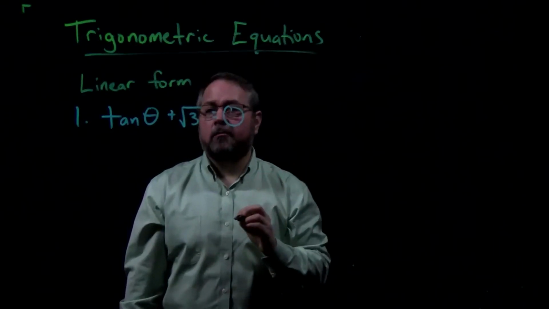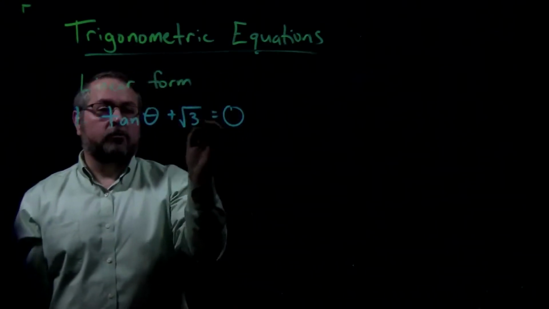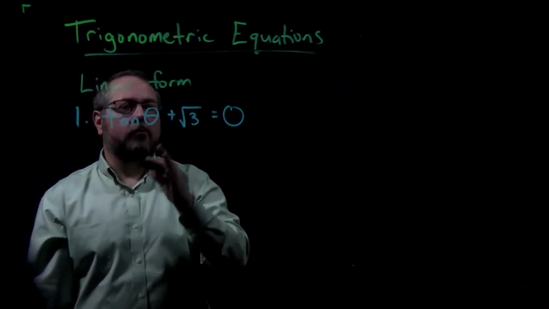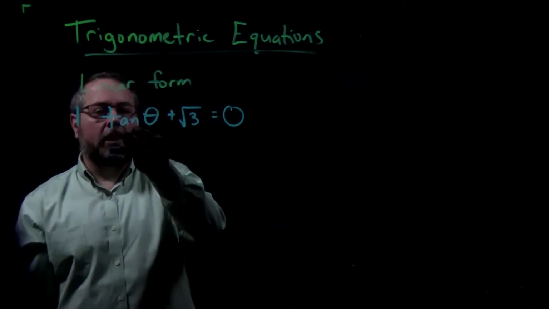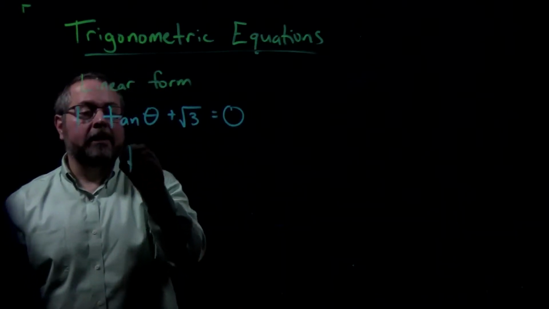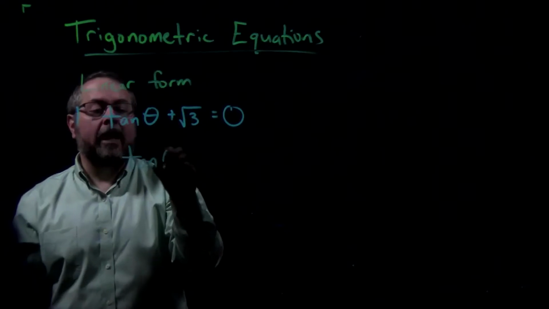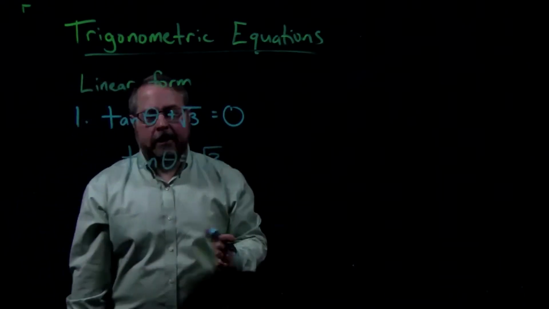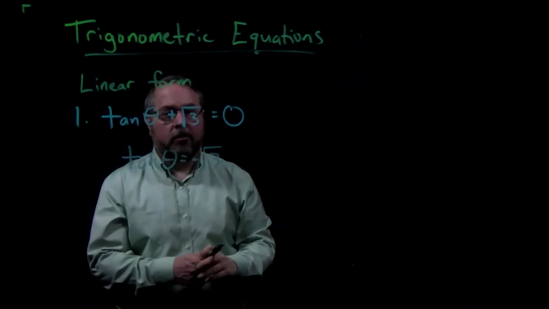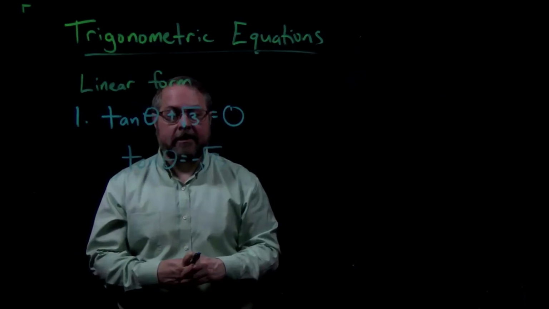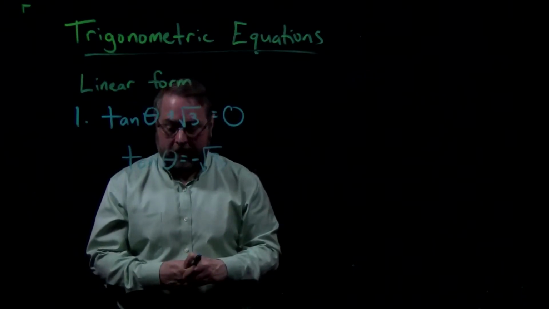So for these sorts of trig equations, we want to solve them the same way we would solve a linear equation, like if this were x plus square root of 3 equals 0. That is, we want to isolate the trig function on one side. In this case, we just subtract square root of 3 from both sides, and we get the equation tangent of theta is negative square root of 3.